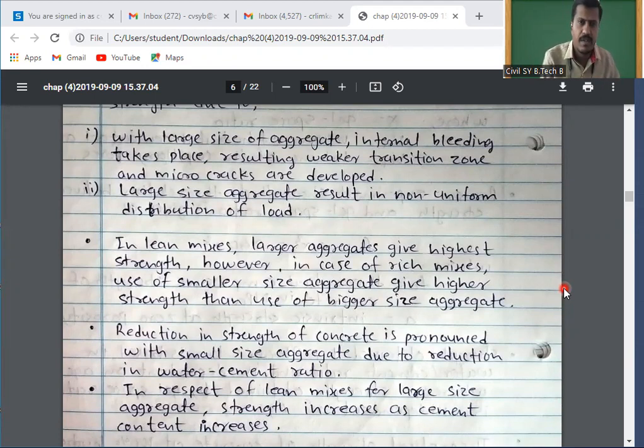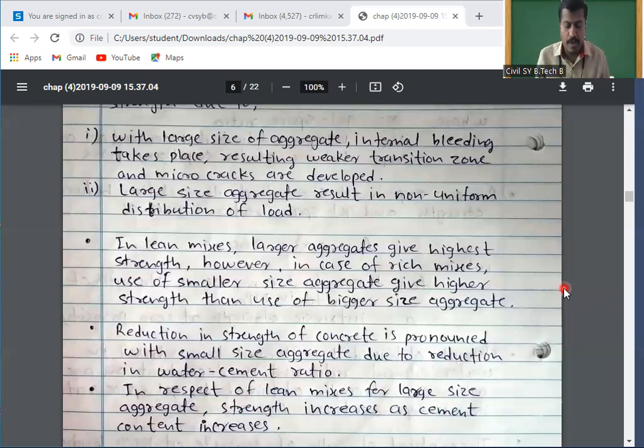If finer size of the coarse aggregates are used, finer means they are not less than 4.75 mm size. Otherwise, you can call 2.36 mm size aggregate, but that is not coarse. It's a fine aggregate. Relevant with respect to your mix design, with respect to the grade of concrete, you have to select the proper size of coarse aggregate.